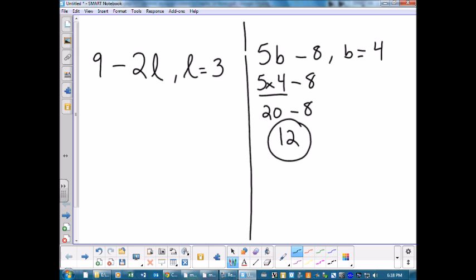Okay, so we substitute it in. So 9 take away 2 times L, which is 3, right? So 2 times 3. What are we doing first here? Are we multiplying or subtracting? We're going to multiply, order of operations, right? So 2 times 3 is 6. Everything else is just brought down. So 9 take away 6 leaves you with 3.